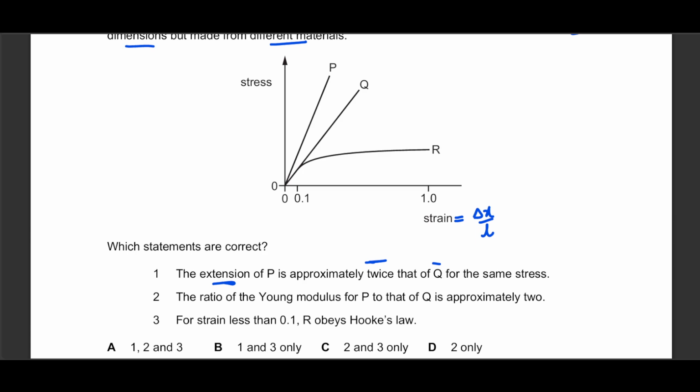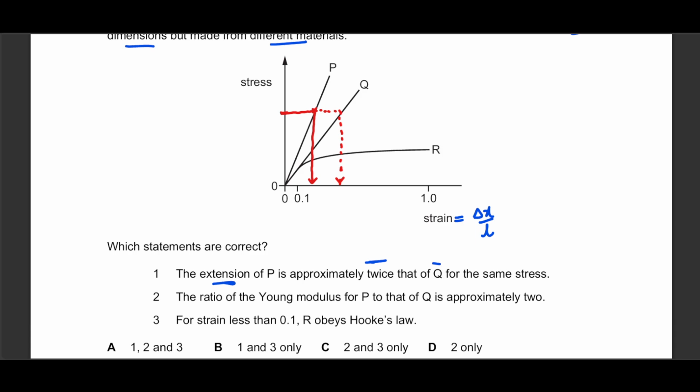I can see that P, for any same value, let's choose for a simple value of stress. You see, if this is the amount of stress, P has a strain that is this much. Q has a strain that is this much. Q has a higher strain, which means Q has expanded more, has extended more.